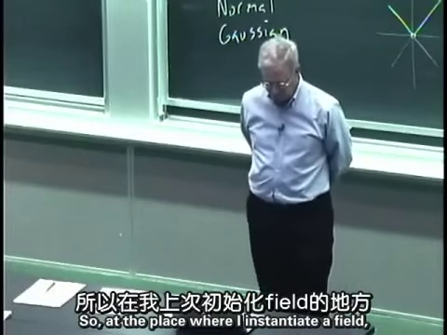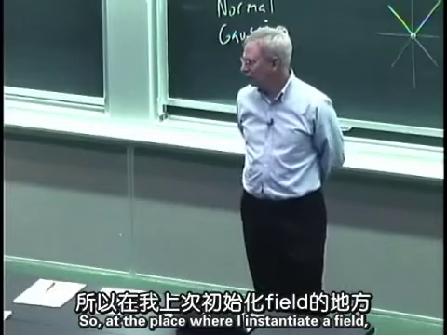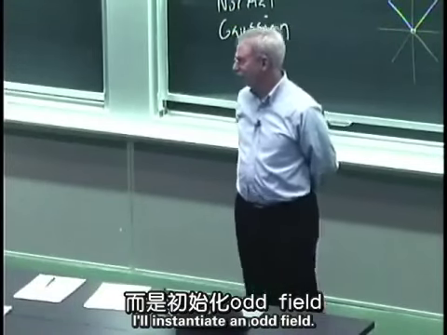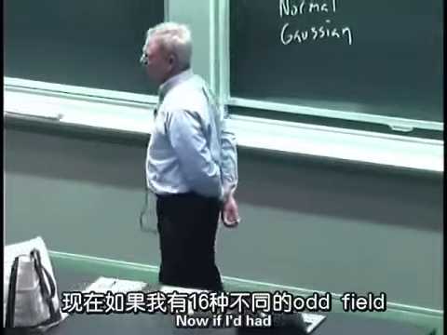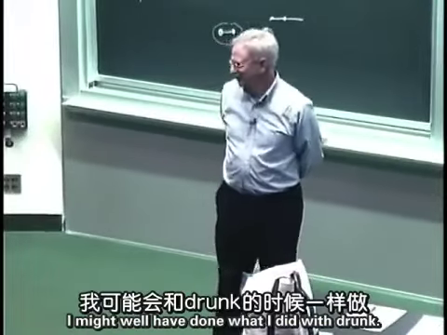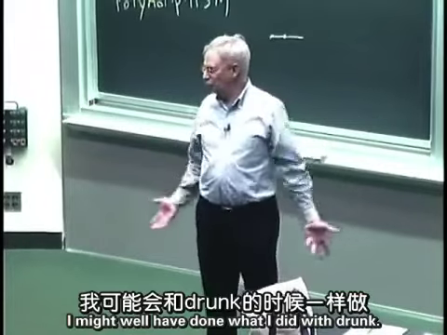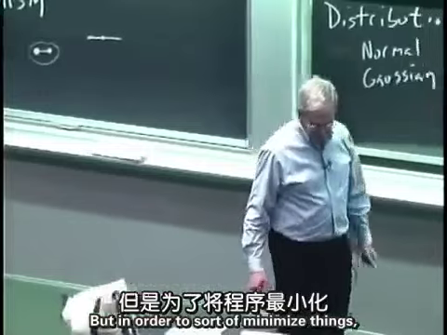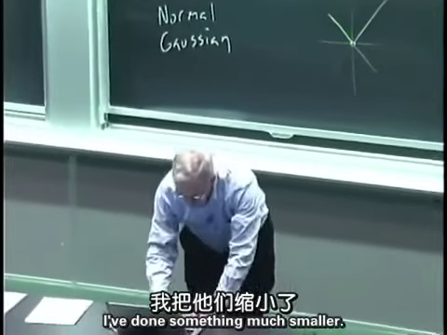So at the place where I instantiate a field, I'll instantiate an odd field. Now, if I'd had 16 different kinds of odd fields, or even 2, I might well have done what I did with drunk. But in order to minimize things, I've done something much smaller.